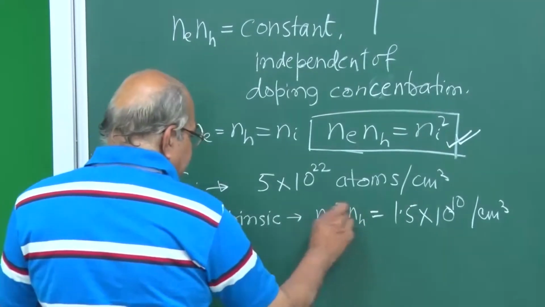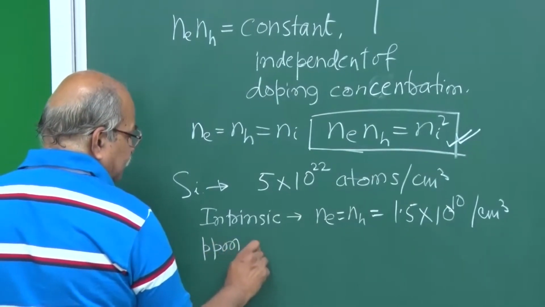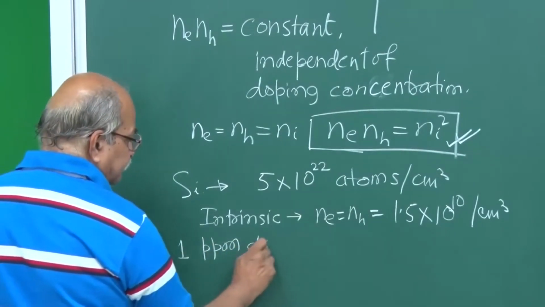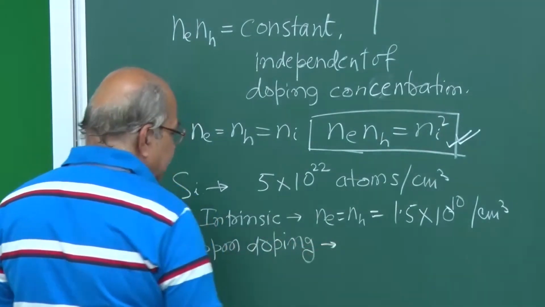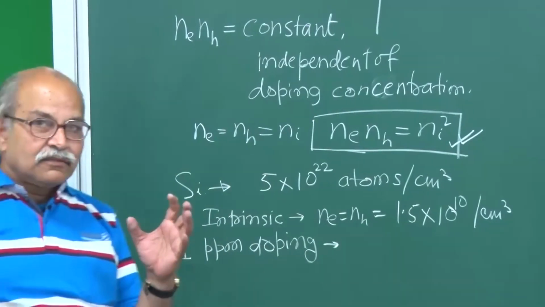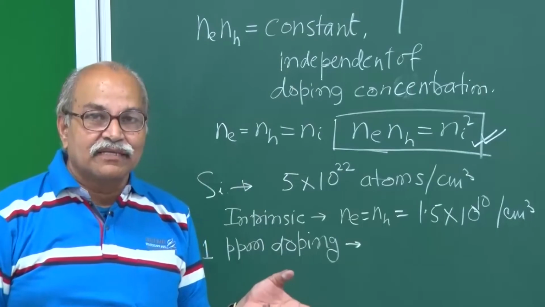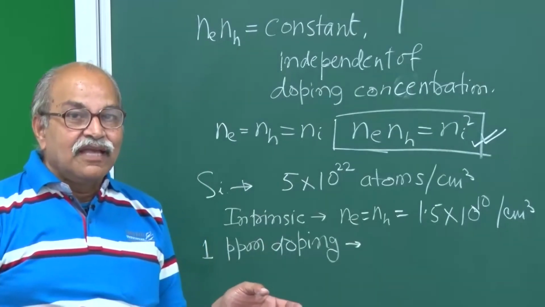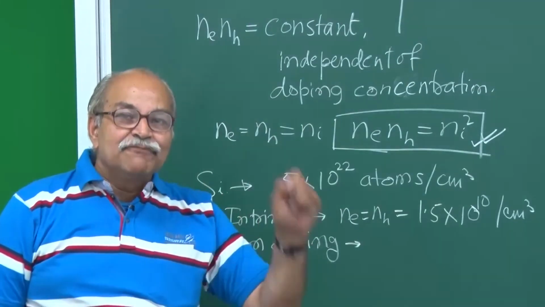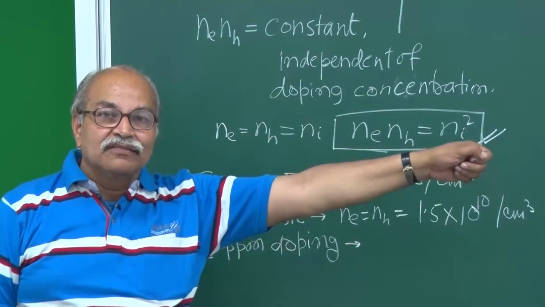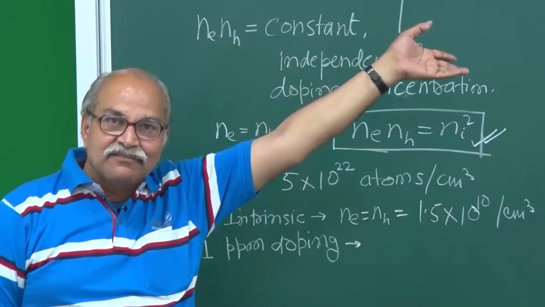So this is Ni. Suppose you do a ppm doping, 1 ppm doping. That means 1 out of 10 to the power 6 silicon atoms are replaced by arsenic or phosphorus, and each dopant atom gives you one extra electron in the impurity level and then in the conduction level.